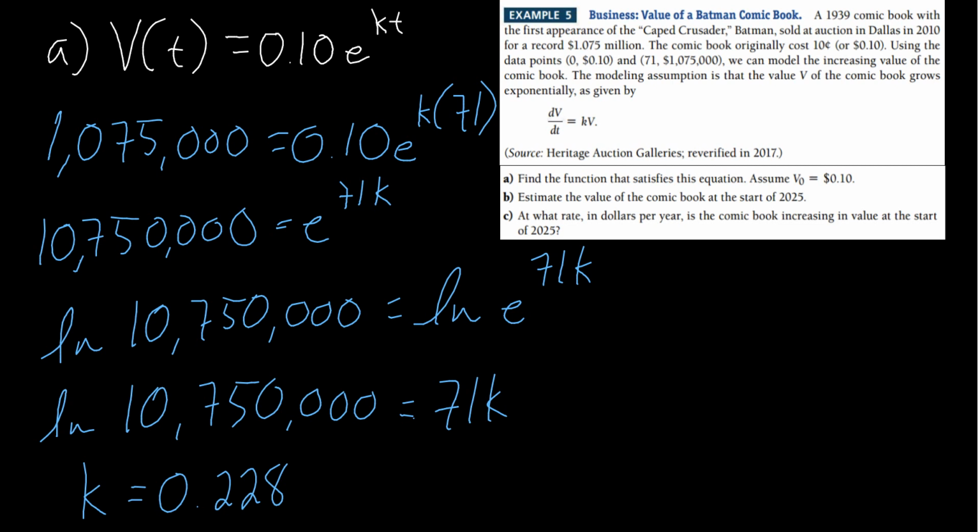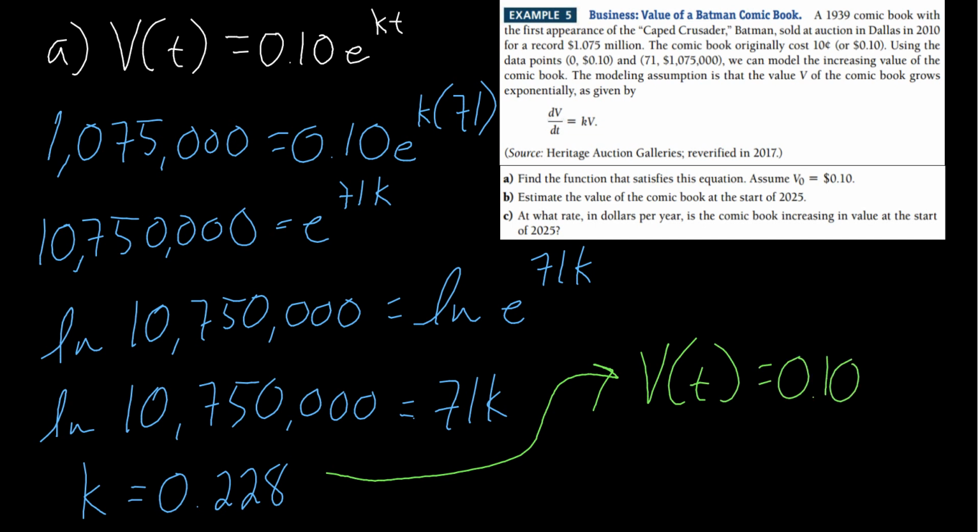I still hadn't actually written the function, so let's go ahead and write the function. Since we've found k, the function is going to be v of t is equal to 0.10 e to the k, which is 0.228, and I ran out of room. Let's try that again.